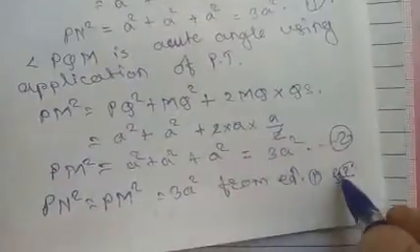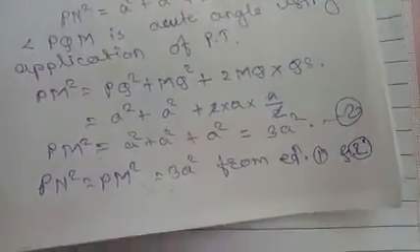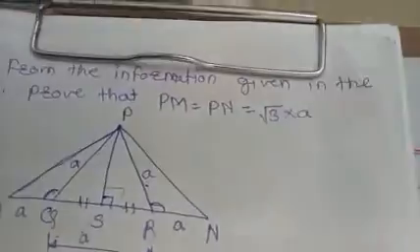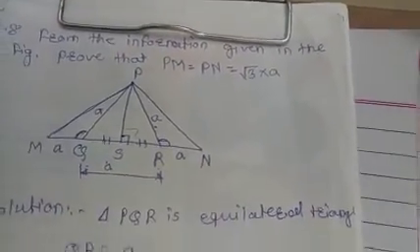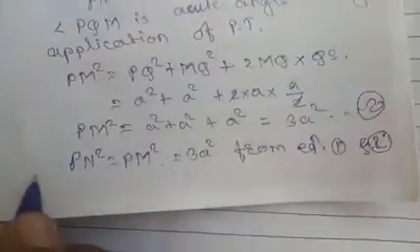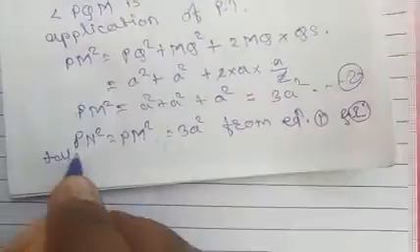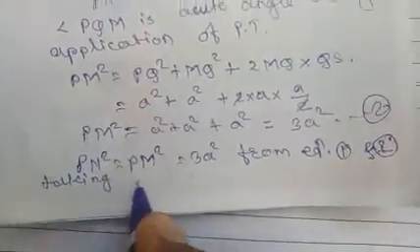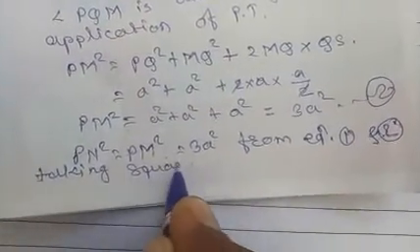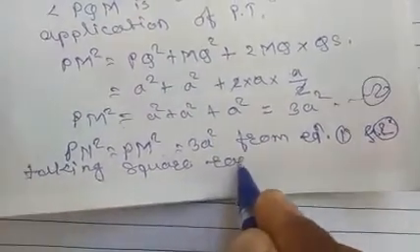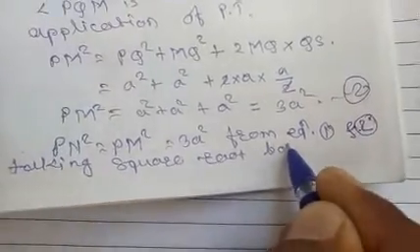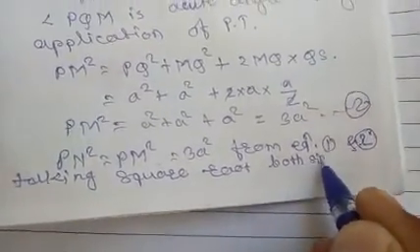Now we have to prove PM is equal to PN is equal to √3 into A. So if we take the square root on both sides, then what will become?